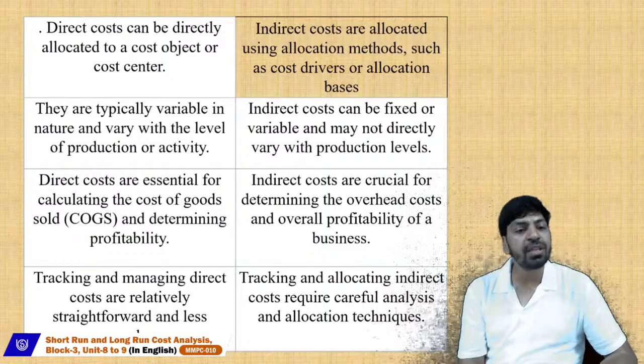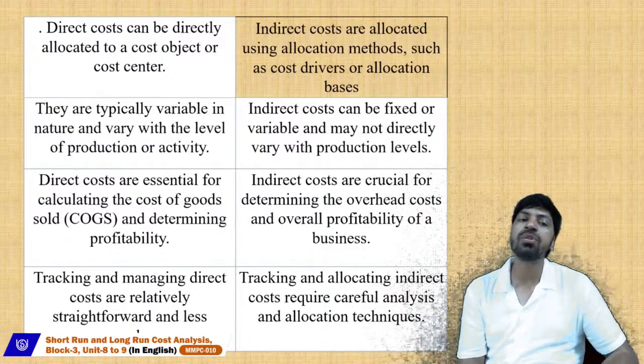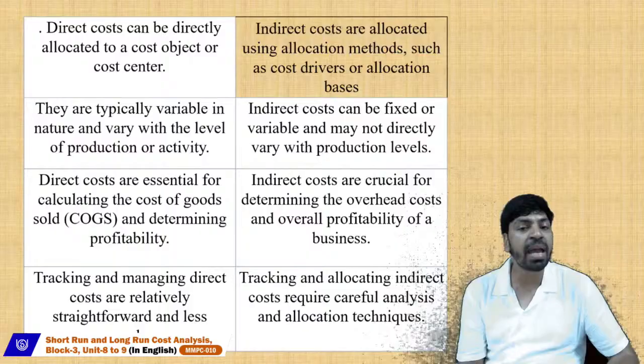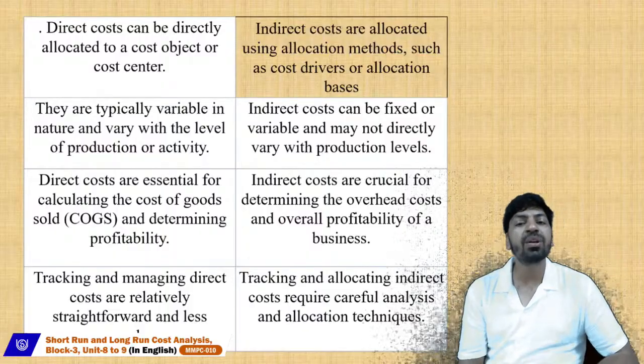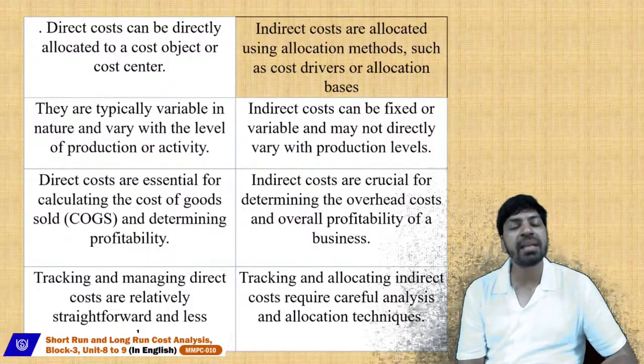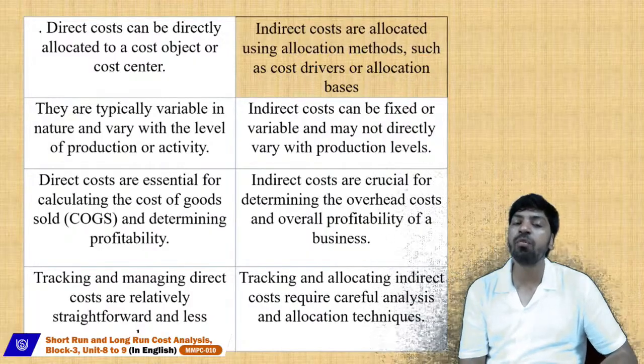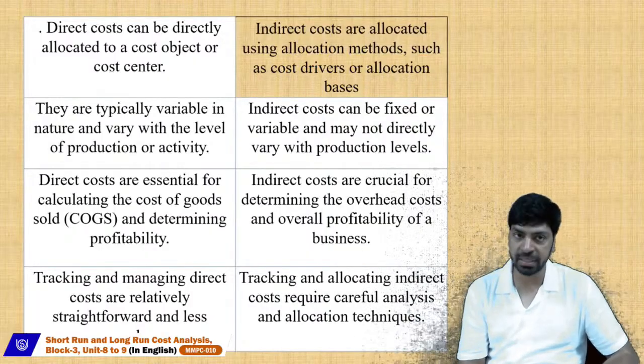Direct costs are essential in calculating the cost of goods sold and determining the profit. Indirect costs are crucial for determining the overhead cost and the overall profitability of a business.